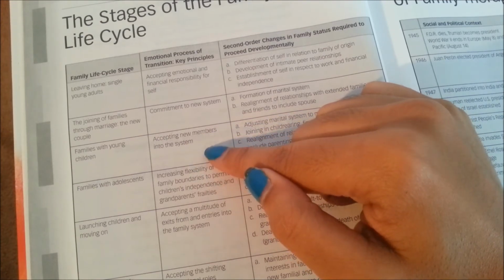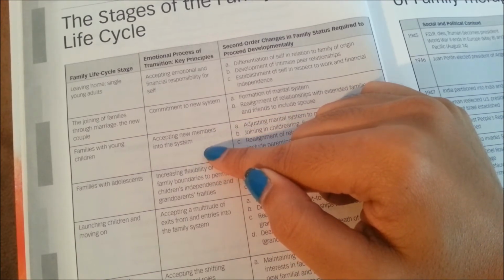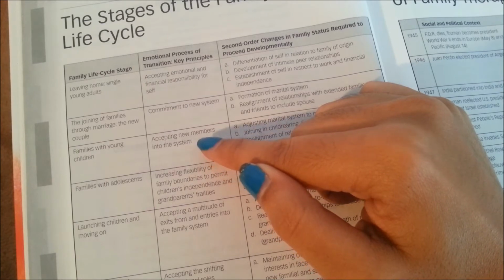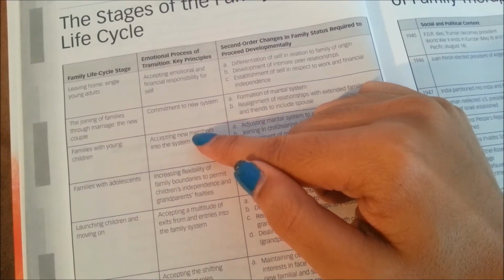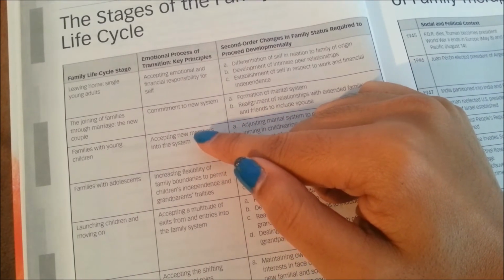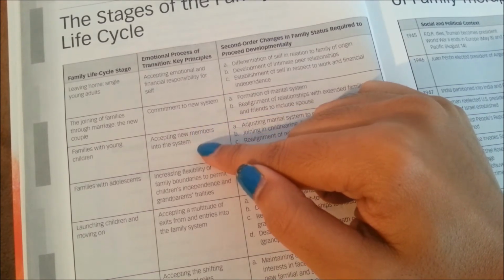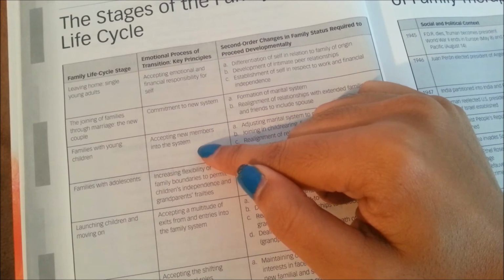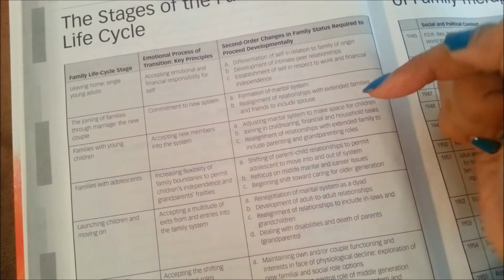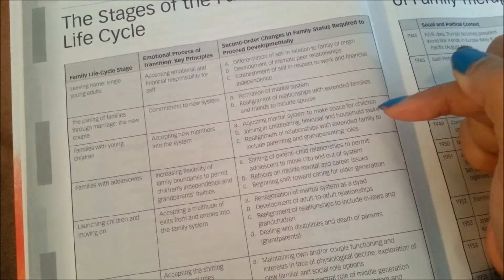Accepting new members into the system. So, yeah, accepting little baby Robbie, whether little baby Robbie was born from Bobette's womb or just adopted or whatever. Little baby Robbie needs to be accepted as part of this family.